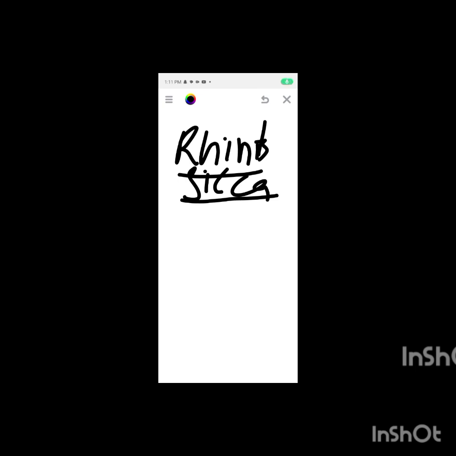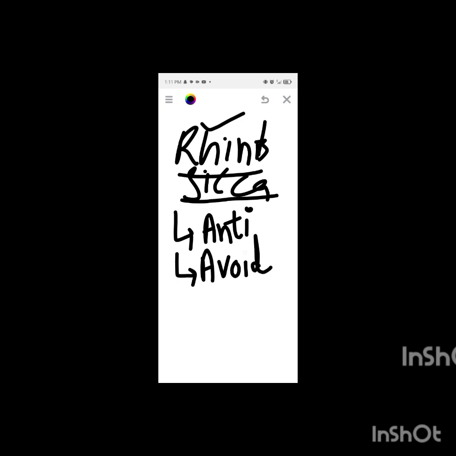How do we treat rhinitis sicca? We treat it with the help of antibiotics. We give antibiotics to the patient. Avoidance of the factor, such as the hot and dusty environment, since rhinitis sicca is basically due to it. Avoiding the environment and a change of occupation really relieves the disease.